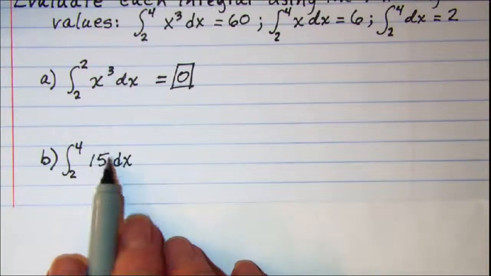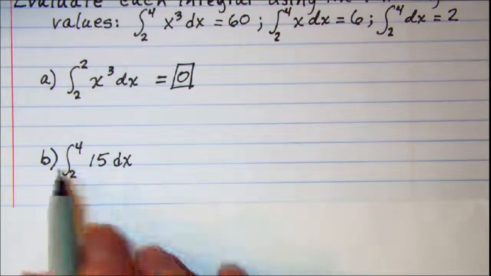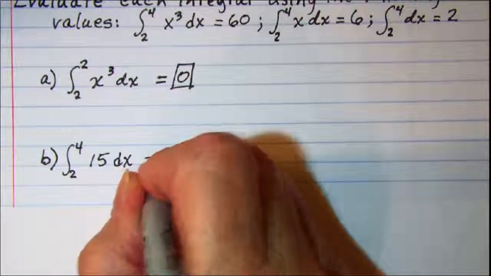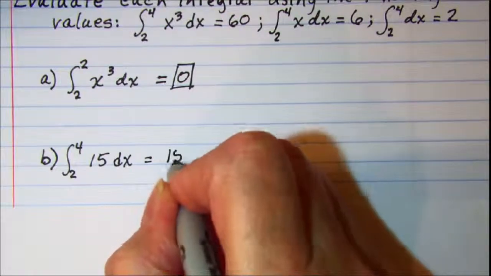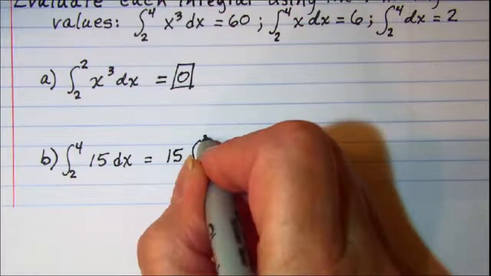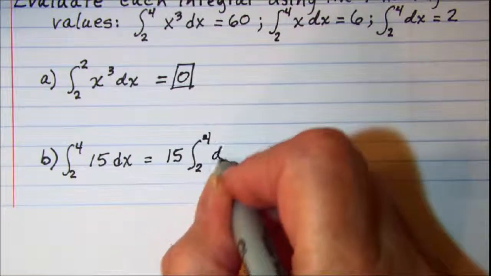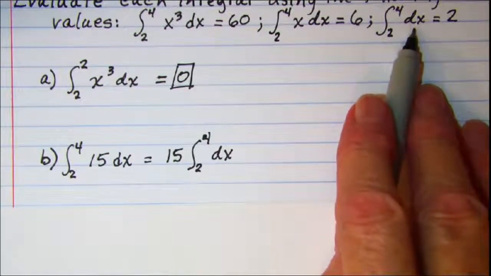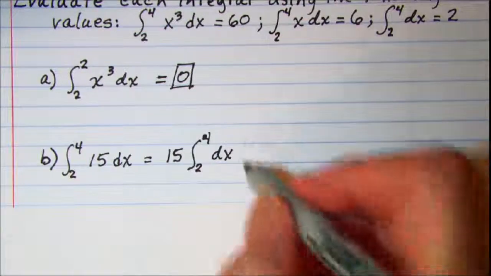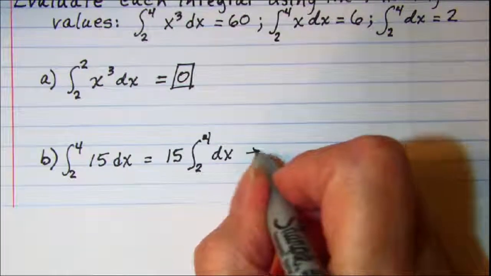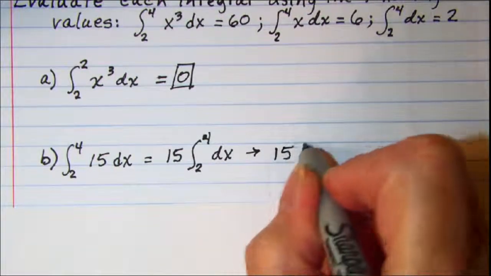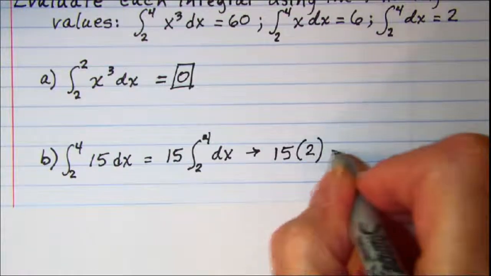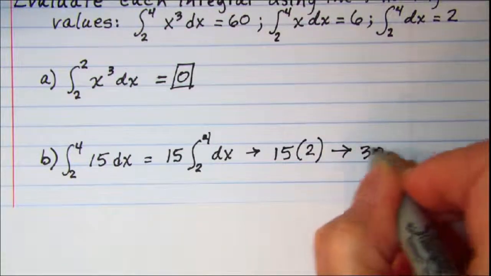Now anytime we have a constant, we can pull that out in front of our integral. So this is the same as 15 times the integral from 2 to 4 of dx. Now we know that that integral is equal to 2. So this expression then is 15 times 2, which is 30.